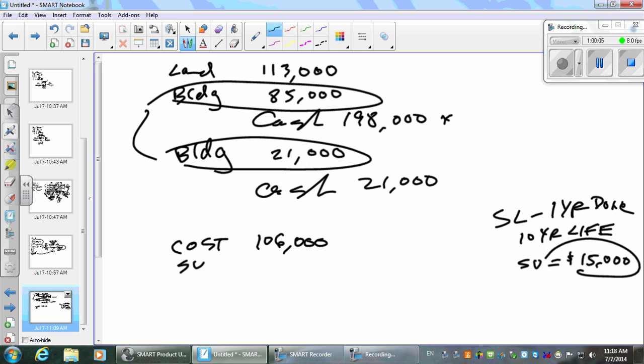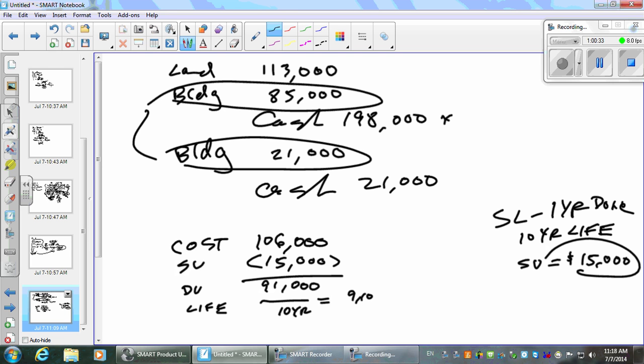Take away my salvage value or residual value of 15. What do I have? Depreciable value is 91,000, is that what that is? Everybody agree? Divided by the life, 10 years. And if it was a full year, $9,100.